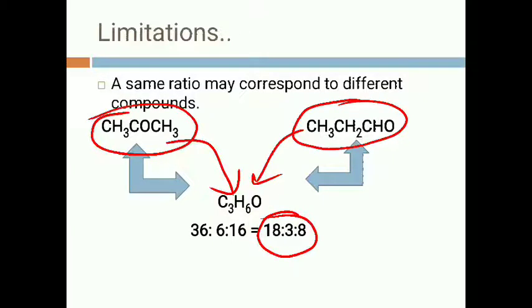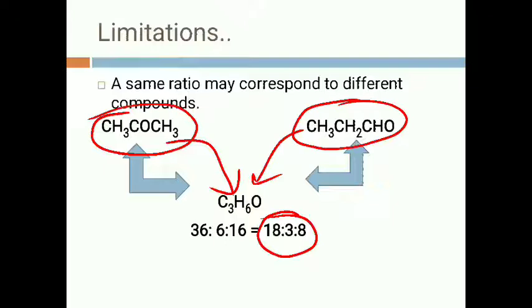So the limitation here for the law is that different compounds may have the same ratio by mass in which they combine. That means the ratio for the elements of any compound can correspond to more than one compound. So we cannot predict the compound from the ratio.